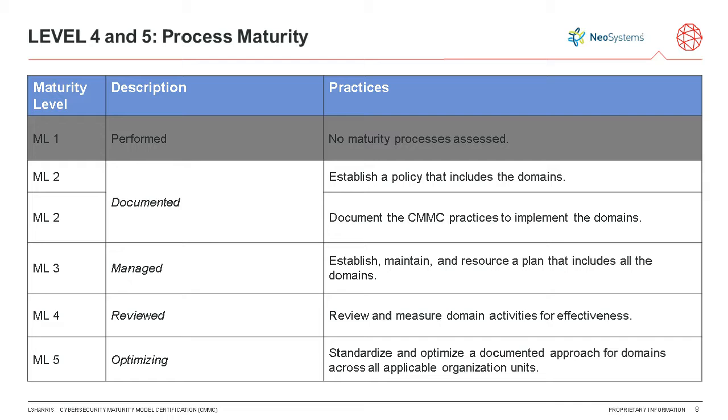So that's what we've had to do in the past. And then under level 3, we're required to establish and maintain a resource plan that includes all the domains. Essentially what we're talking about there is having an SSP. So now what we're talking about with levels 4 and 5 is having a metrics program that addresses each domain.